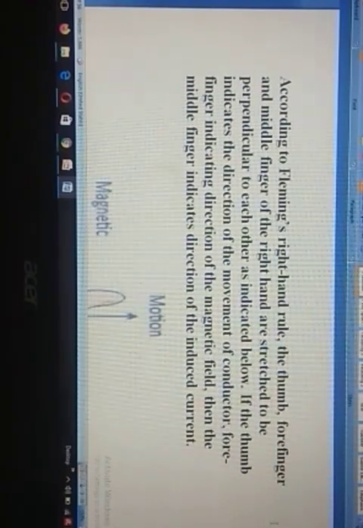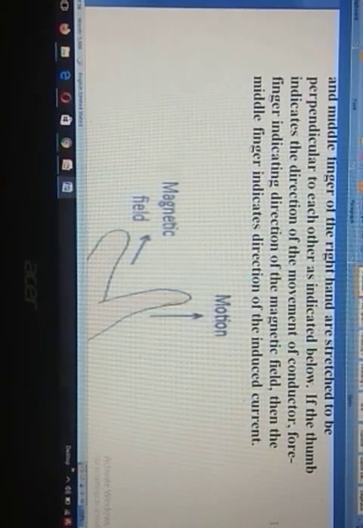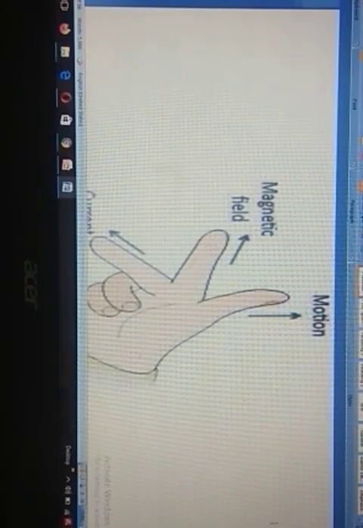If the thumb indicates the direction of movement of the conductor, the forefinger indicates the direction of the magnetic field, and the middle finger shows the direction of induced current. So the thumb shows the motion, the forefinger shows the magnetic field, and the middle finger shows the current.